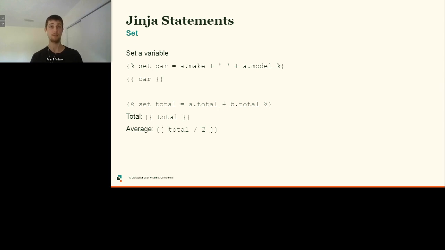If you are going to be utilizing something repetitively, a great way to do that is with a variable. Instead of having to rewrite a.make with a space plus a.model four different times, if that was the use case, you could just set that variable and then use, in this case, car to call that variable.